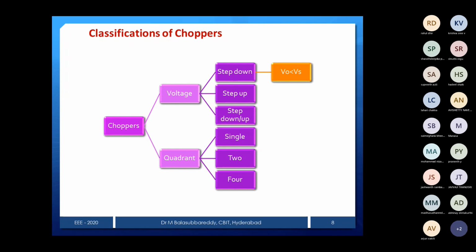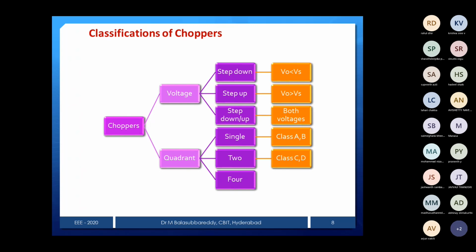Step down means output will be less than the input, and step up means output will be greater than the input, and both are possible in this case. Single quadrant choppers are type A and type B, two quadrant are type C and type D, and four quadrant operation is type E or class E chopper. So these are the classifications.